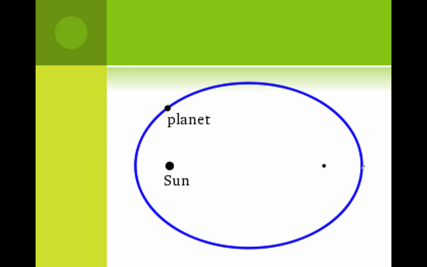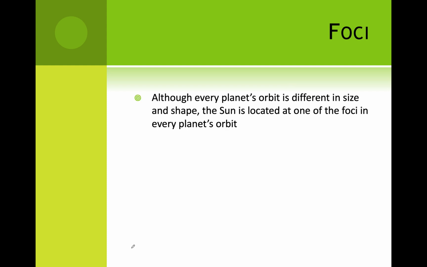But there are periods of the year where we are closer to the sun, and there are periods where we are farther from the sun. Although every planet's orbit is different in size and different in shape, the sun is one of the foci in every planet's orbit. The other one is not the same. It's somewhere else.